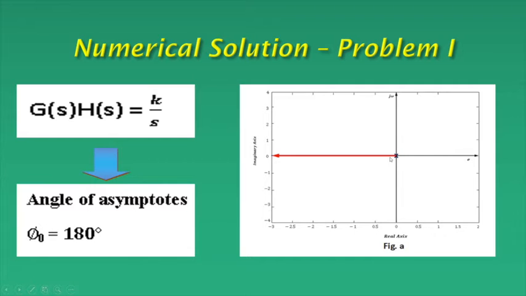From this origin, draw the asymptote, and this angle is 180 degrees. Then this root locus starts from the open loop pole when k equals 0, then finishes at infinity along the asymptote when k equals infinity. So if a single pole exists in a system, then this system is completely stable.